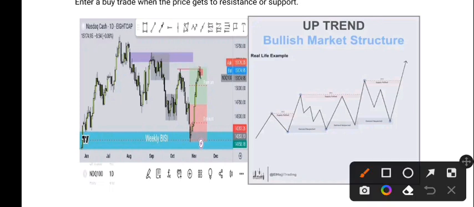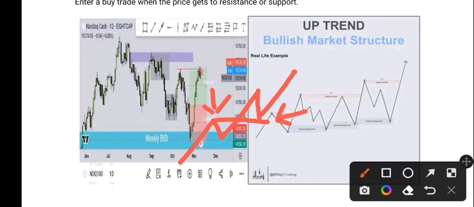This is normal bullish market structure: price will turn this resistance to support, or in a downtrend, the reverse.